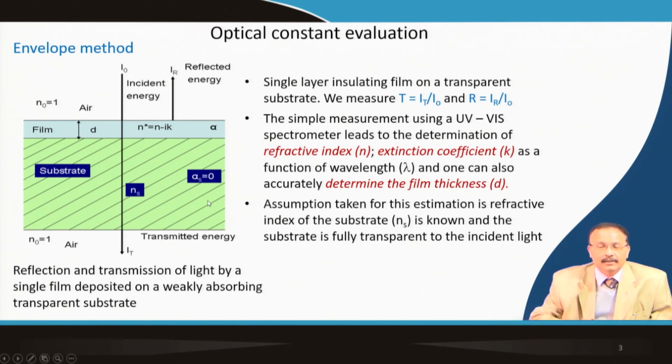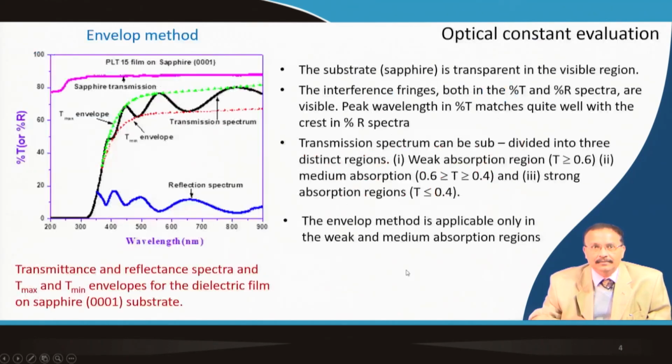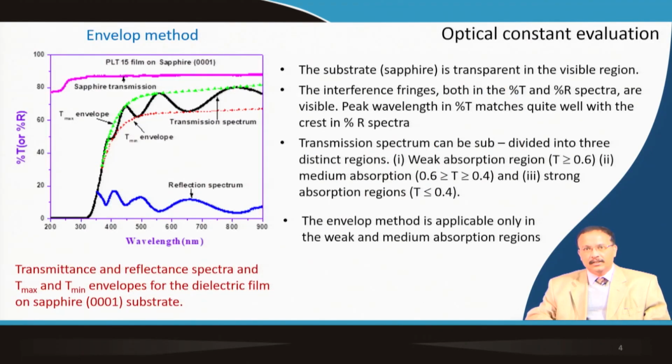If this configuration is satisfied, then one can estimate a variety of optical constants using this envelope method. The typical spectra that you usually get is something similar to what has been shown. The substrate is fully transparent in the visible region, which is basically from 400 to about 700 nanometer.